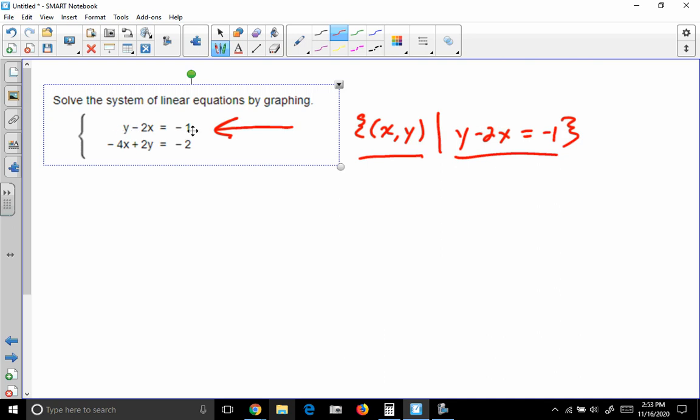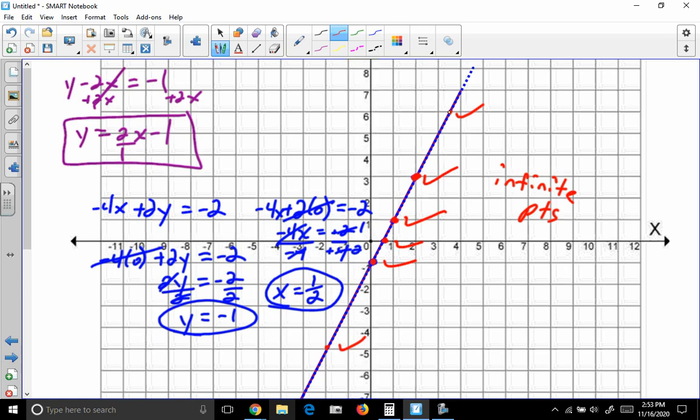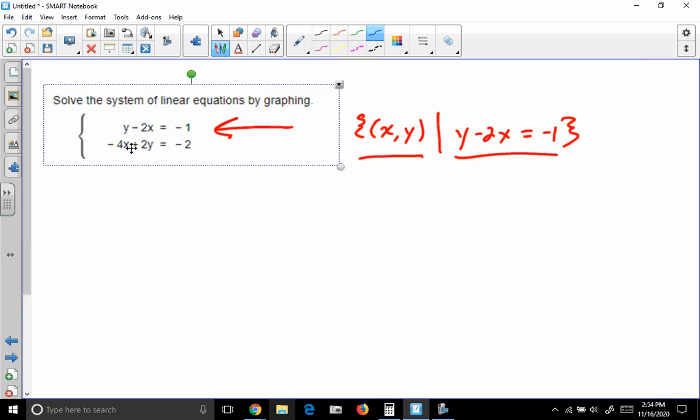A point that works for this equation also works for that one because they're the same equation. If we were to solve the second equation for y, we would also get y equals 2x minus 1. So they're the same equation, even though they look different. To begin with, if we rewrite them, this one and that one are perfect matches.